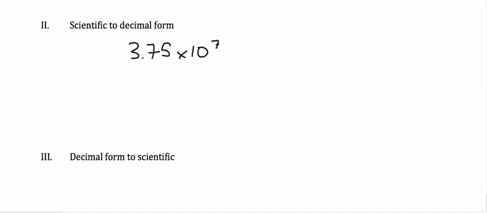It means we're multiplying by 10 7 times. Okay, and every time you multiply by 10, that decimal place moves one to the right. So we take 3.75, we move our decimal place 1, 2, 3, 4, 5, 6, 7 places to the right.